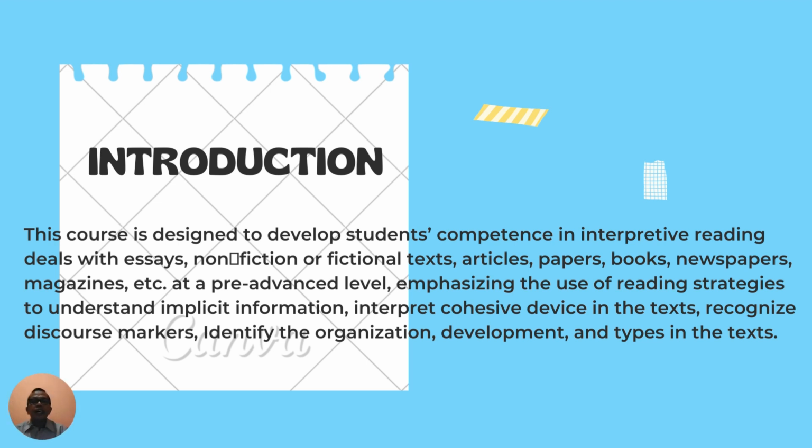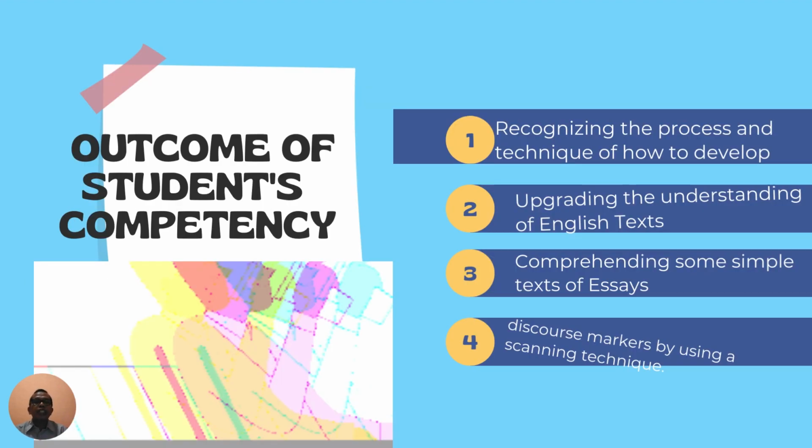Then the outcome of students' competence: there are four competencies that the students should achieve for this study of interpretative reading, namely recognizing the process and techniques of how to develop the text, how to develop the understanding, and how to develop the critical thinking.